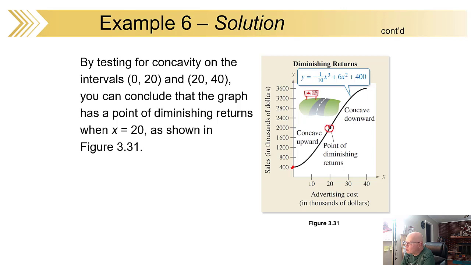After that, the sales are going up, but they're not increasing the way they did before. So you wouldn't want to go beyond that if you can help it. Well, that's it, folks. That is section 3, and that's how we can use the first derivative and the second derivative to help us find some answers.